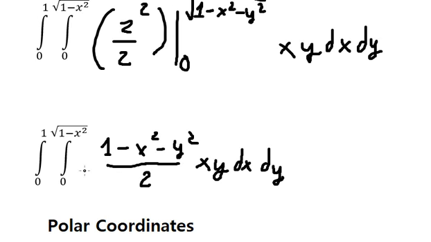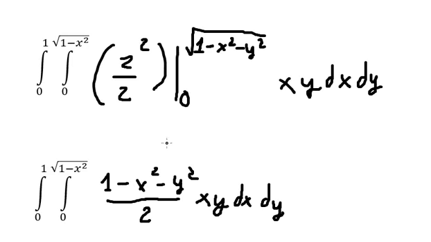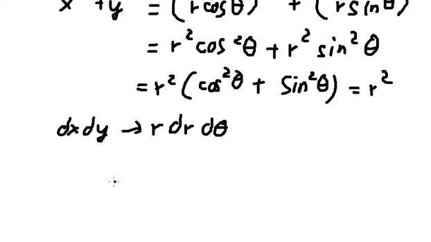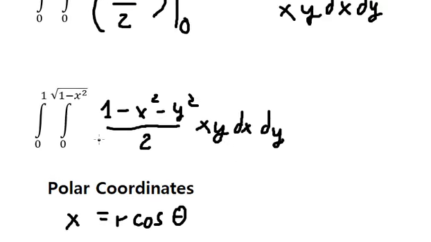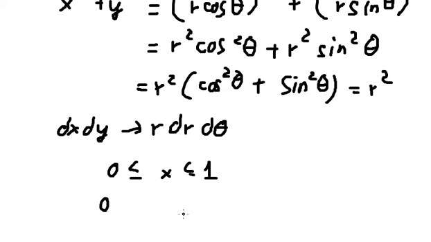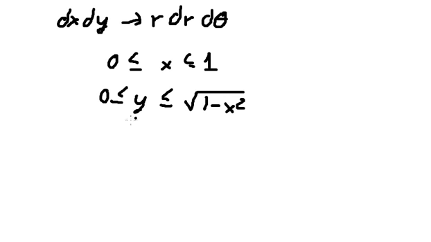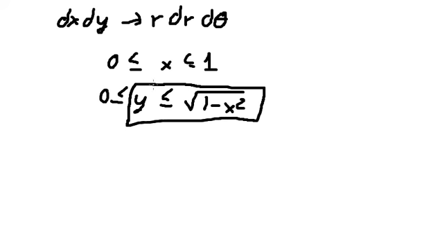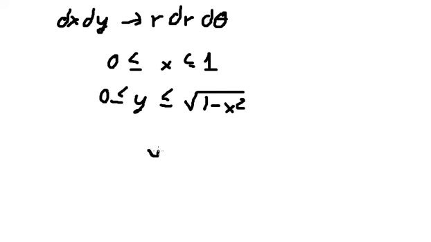So about dx, we will have from 0 to 1. About dy, it is from 0 to the square root of 1 minus x squared. So we need to graph y equals the square root of 1 minus x squared.